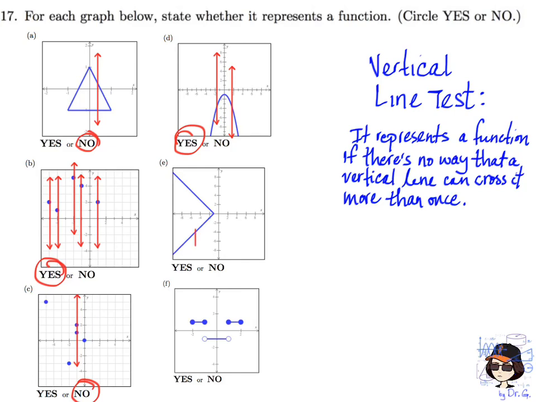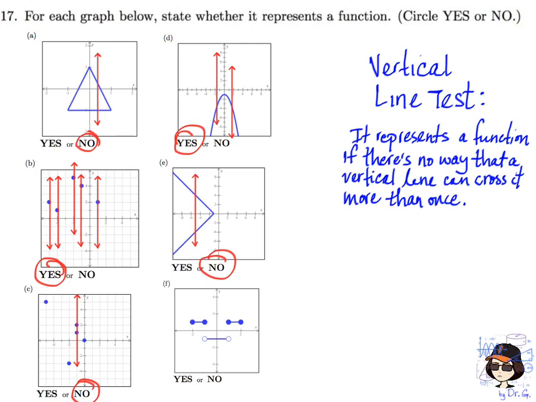Part E, I can draw a vertical line easily that crosses twice, so that's not a function. How about F? F is a little weird. It's just 3 line segments. 2 of the line segments have endpoints that are included. One of the line segments has open circles, so those endpoints are not on the graph.